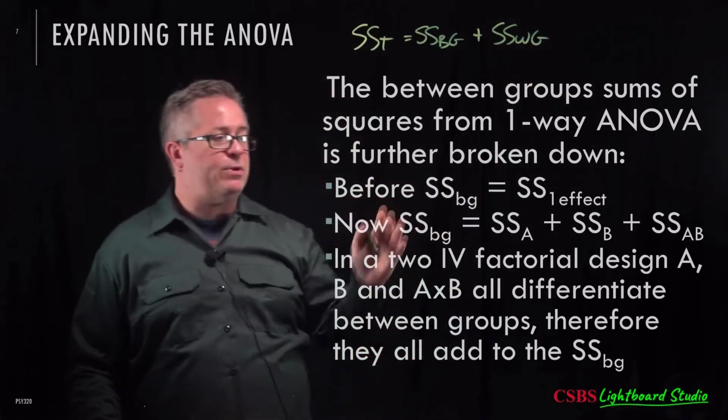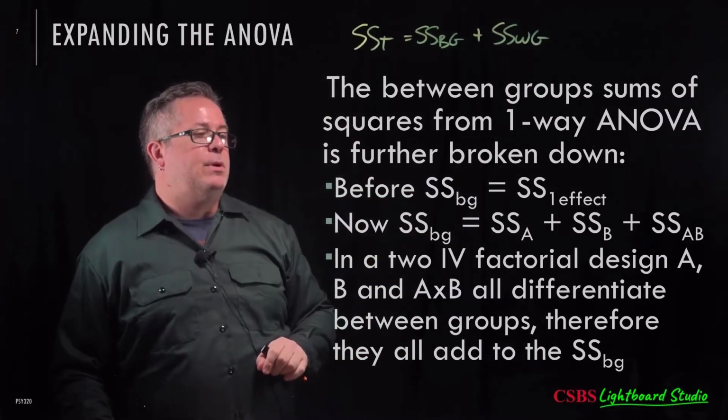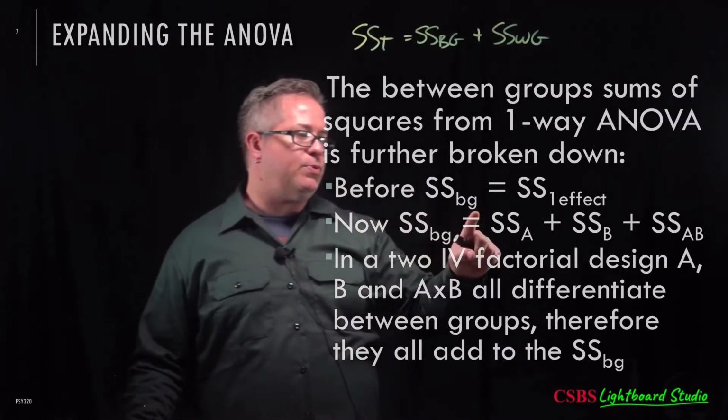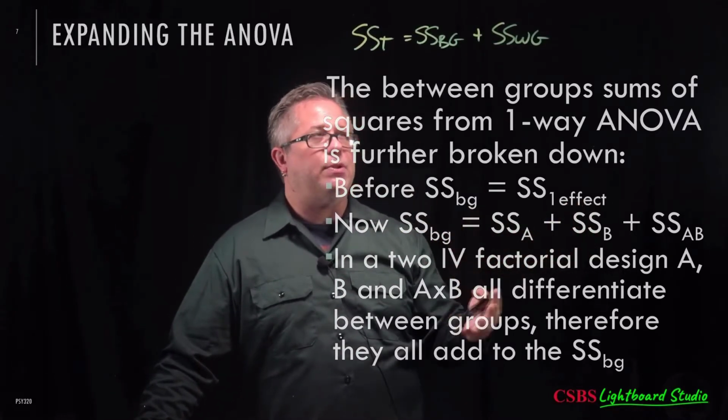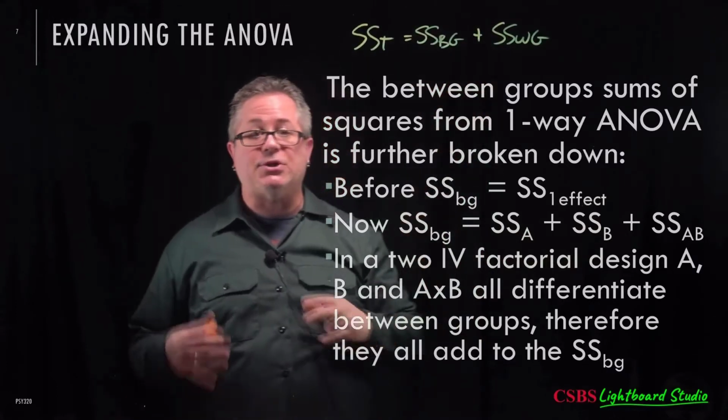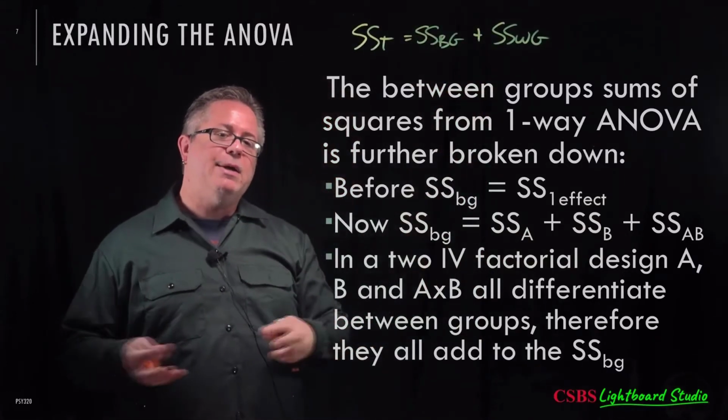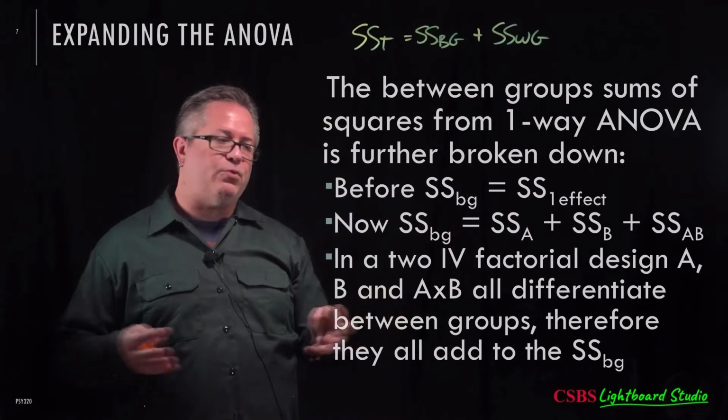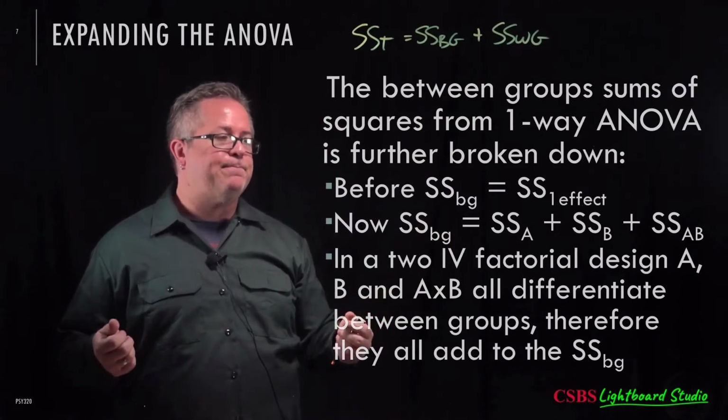And that was it. We had to find those three sums of squares. Before, our sum of squares between groups was just one effect. It was just a single thing. There was only one way. That's why they call it a one-way ANOVA. There's only one way in which groups differ between themselves.